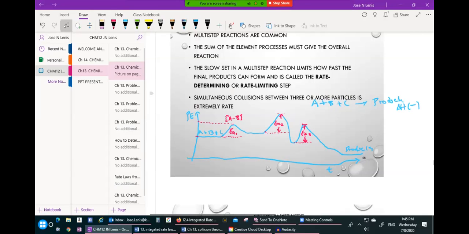Maybe A and B form a different species. For example, if our first step will be A plus B to form D. First step, and it goes through this process.